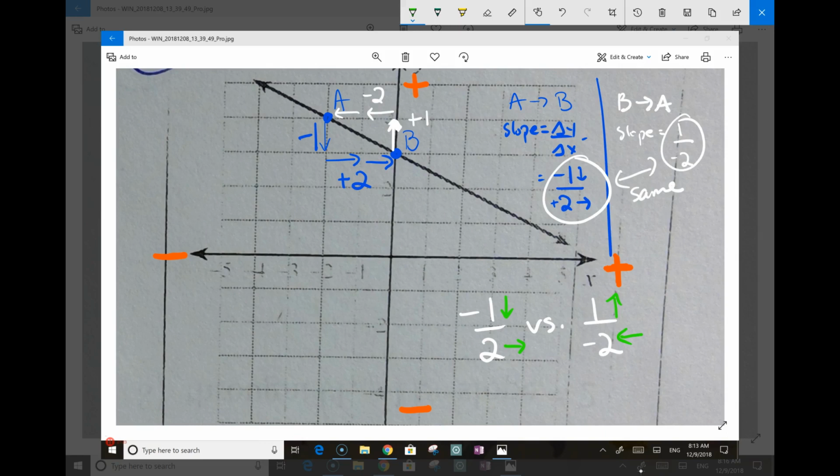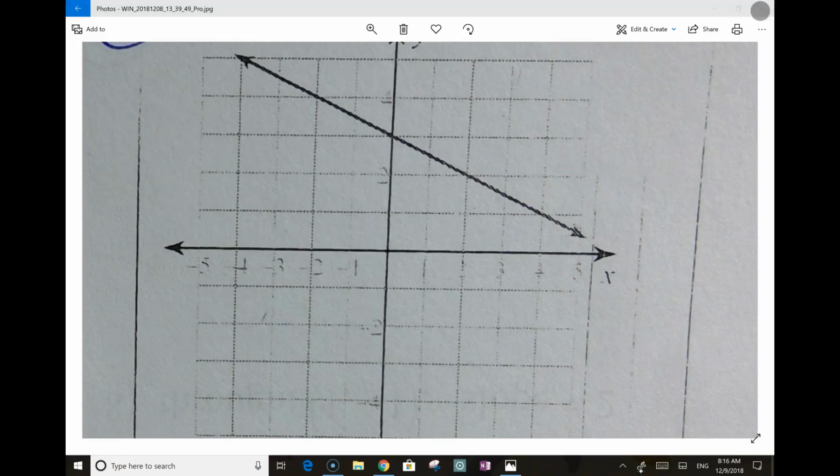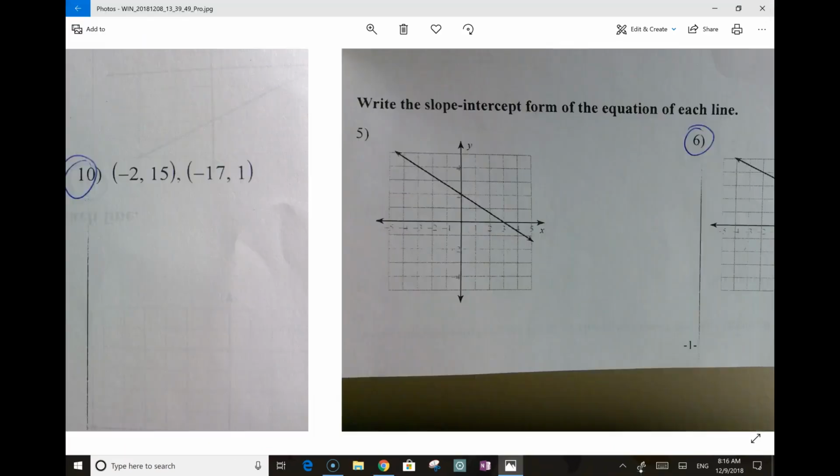But as you can see, you end up on the same line, just with a different way of getting there, and you end up at a different point based on where you start. Okay, so let's move on to the next question.